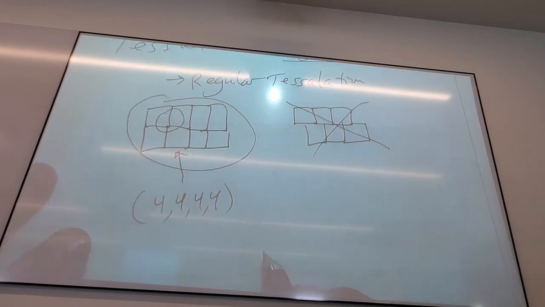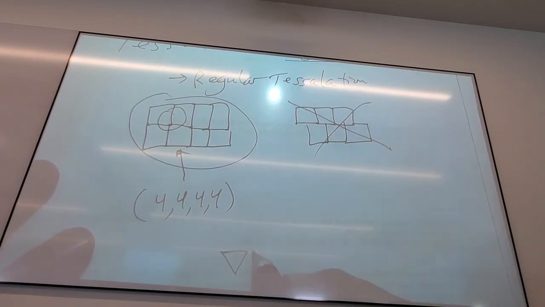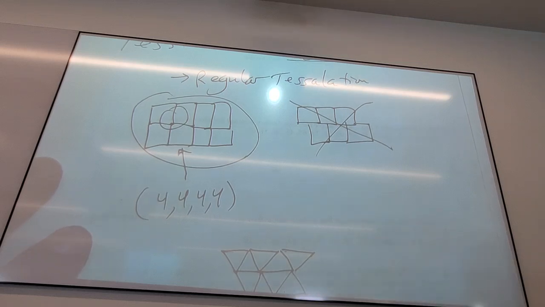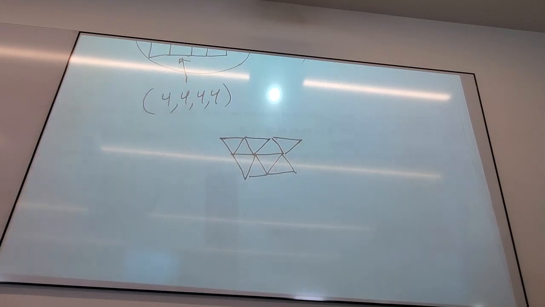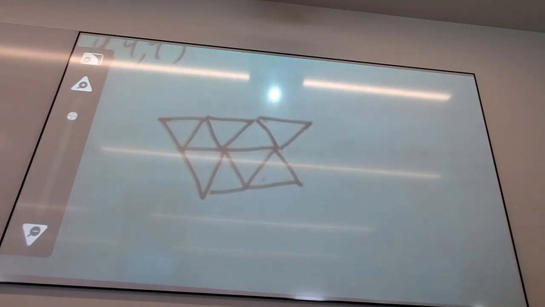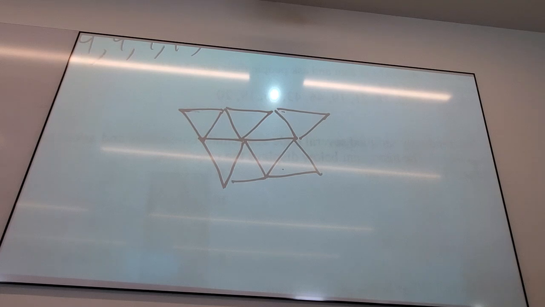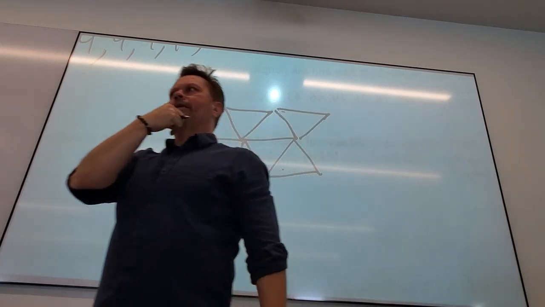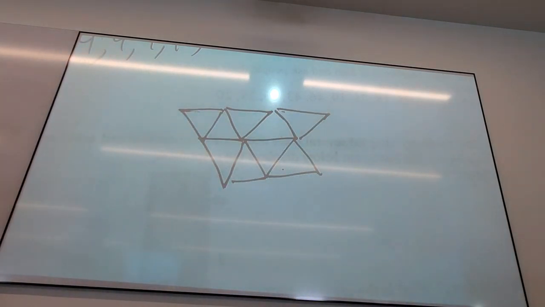If I want to do like we were doing earlier, and I create one out of triangles like this, let me see if I can keep going. Can you find a similar point to what we just talked about with the squares?